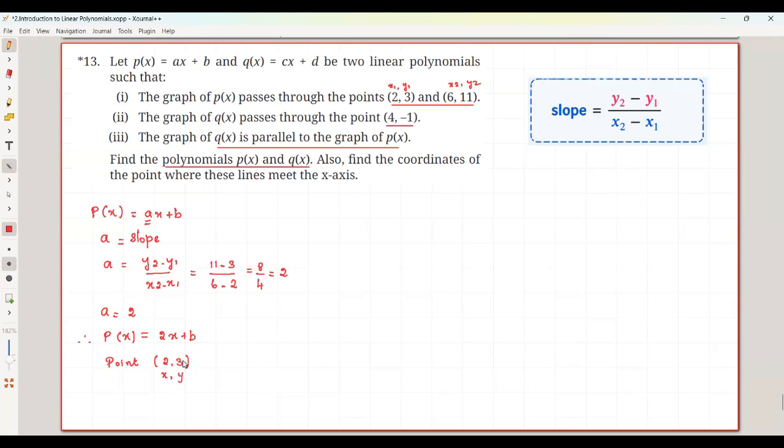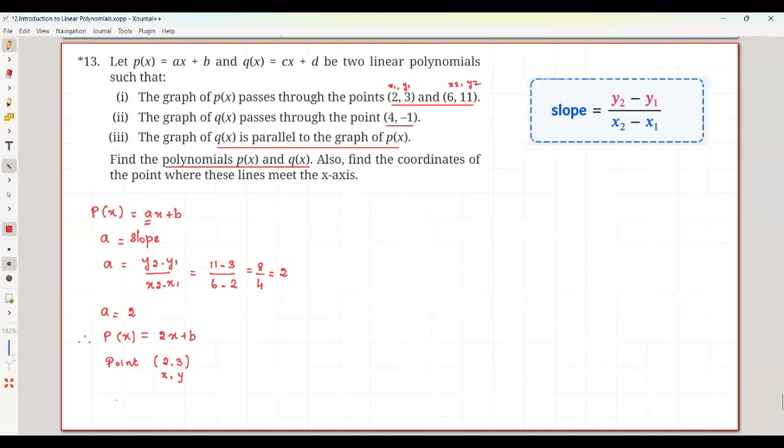Y is nothing but the function P of x. X is nothing but the x value. Remember this: in the polynomial P of x, instead of P of x, I can substitute 3. Why? Because the general form is y is equal to Ax plus B, correct? In the place of y, we have P of x. So in the place of y, I can write 3.